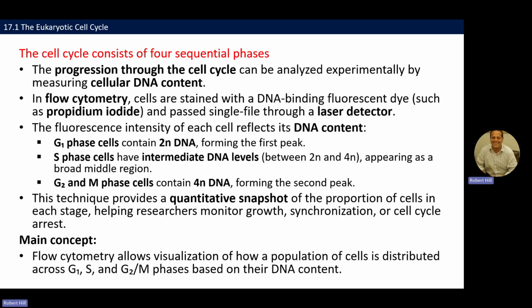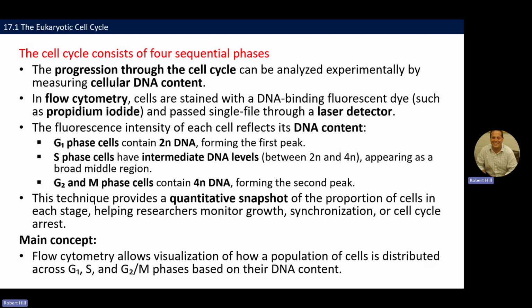It sends them through a flow cell where a laser shines on the cell, so you can excite some fluorescent property that you've added to the cell. And then you can detect it. The detector is on the other side of the flow cell, and it detects the excitation from the fluorescent molecule.